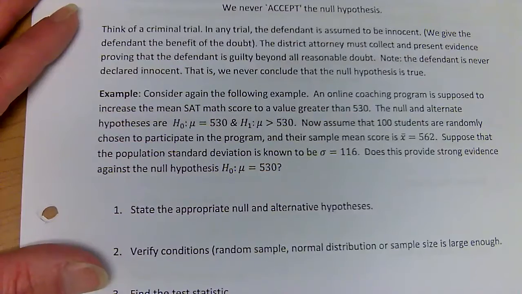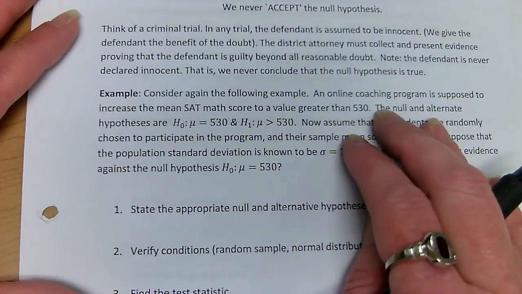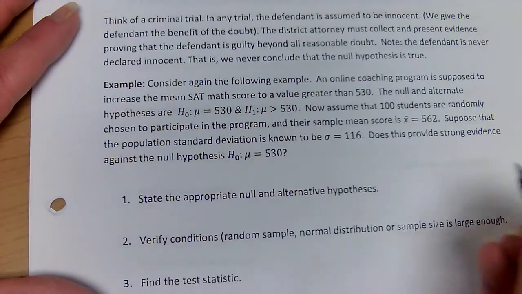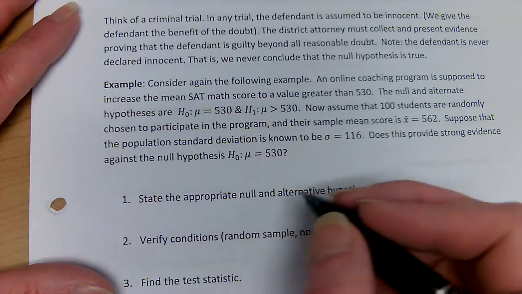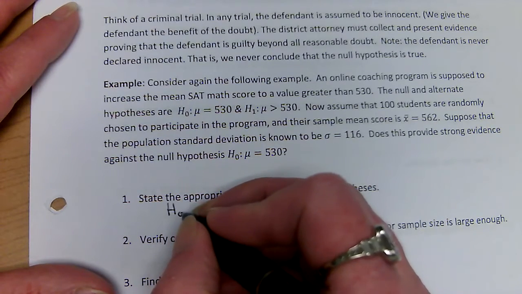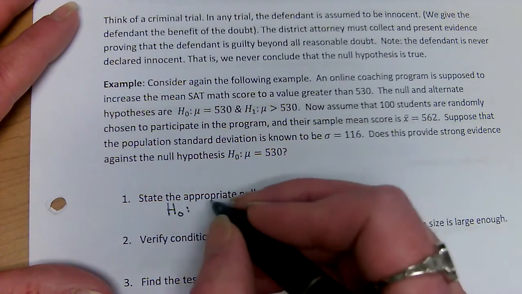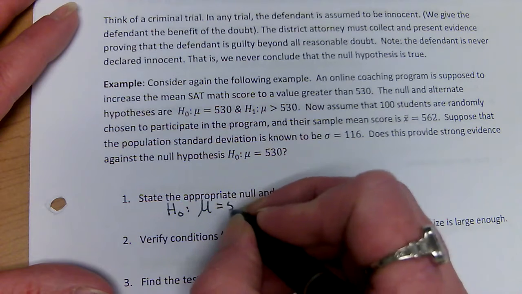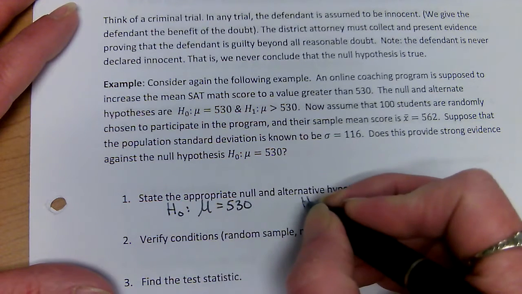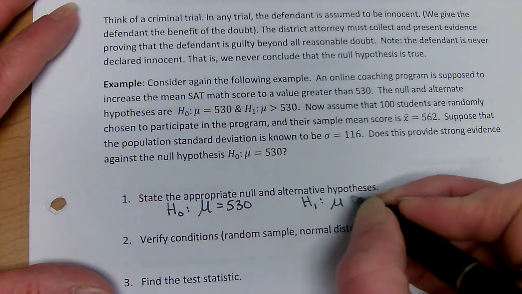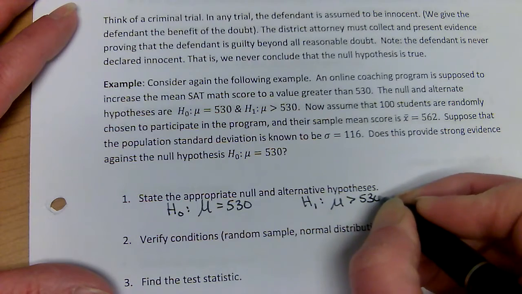Consider again the example with the online coaching program. The null hypothesis was that the mean math score equaled 530, and the alternate was that the mean was greater than 530.